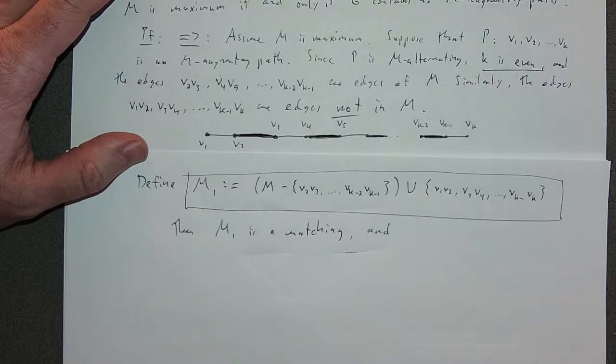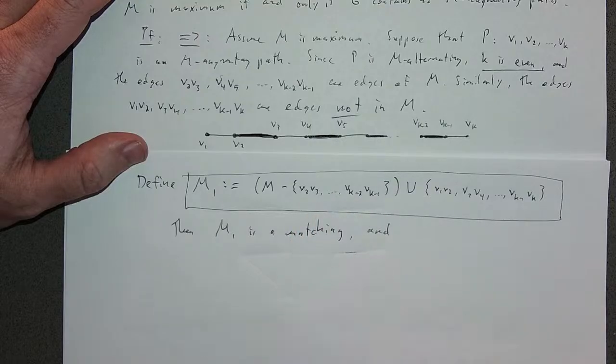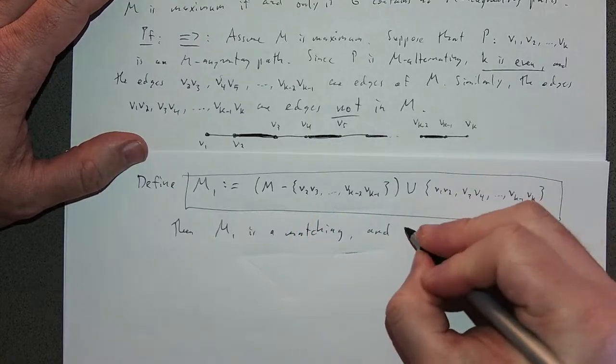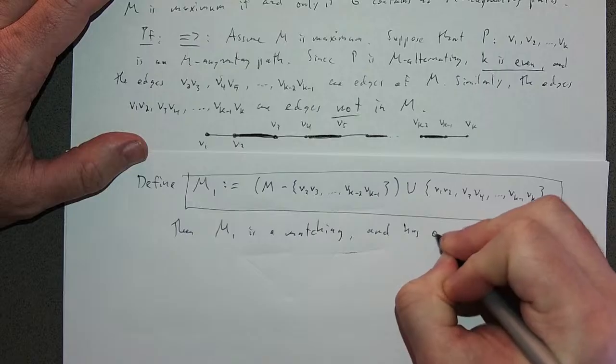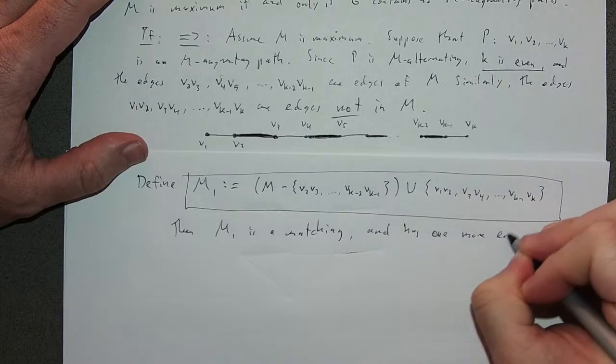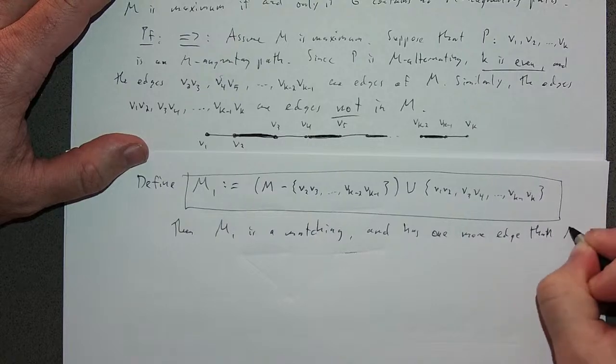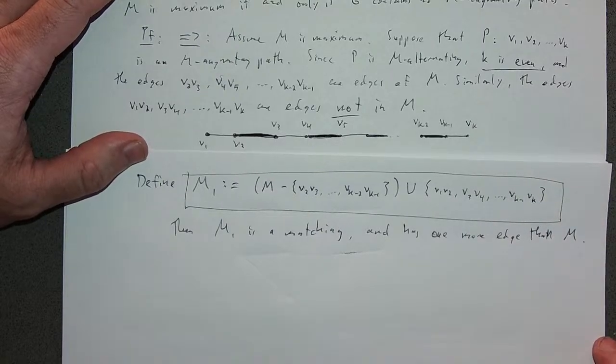So if you're careful, you can notice that this is a matching and has one more edge than the matching M that we started with.